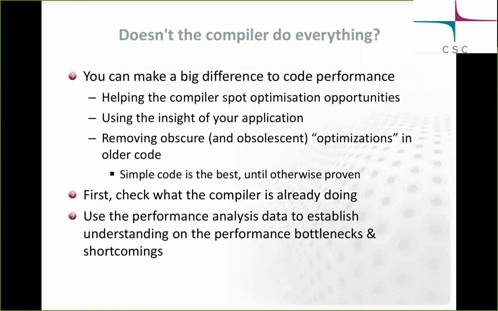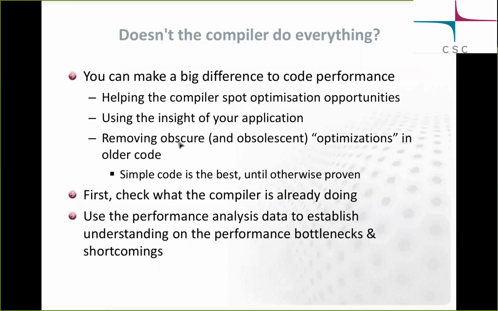I would consider general code optimization to be the interplay between the programmer and the compiler, where the programmer helps the compiler to optimize more: spotting optimization opportunities, removing obstacles for further compiler optimization, using insight into what should come out and how some given arrays or variables should be laid down in memory, and so on.